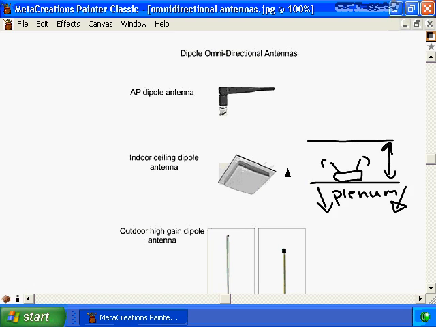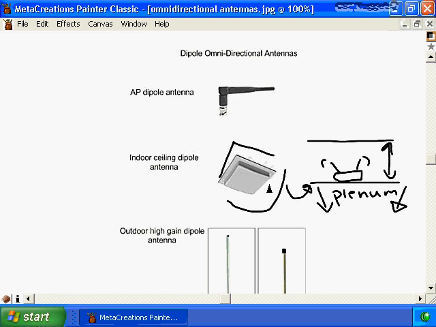So in those situations we're going to use a ceiling mounted antenna, place that in the middle of the room, and as a result of that, that'll allow for broad coverage for 360 degrees from corner to corner of that office floor, and the RF signals will be able to reach down to the floor through the use of a ceiling-mounted antenna. So again, this ceiling-mounted antenna will be mounted underneath the tile, so that'll be exposed.